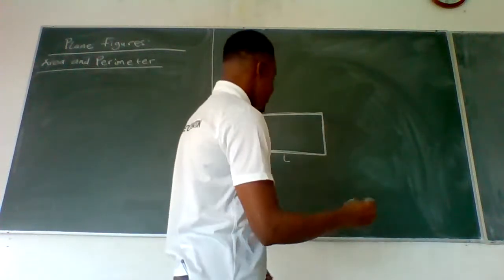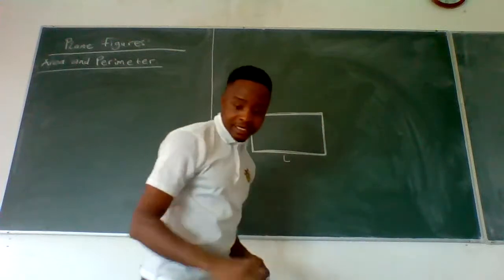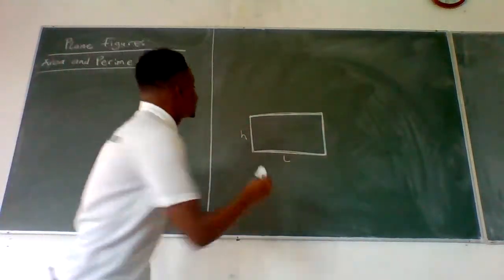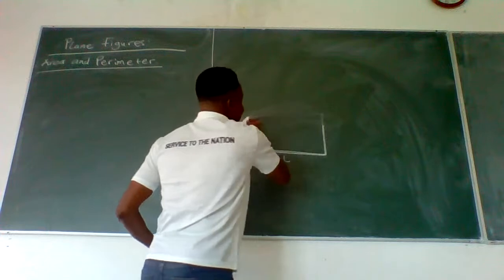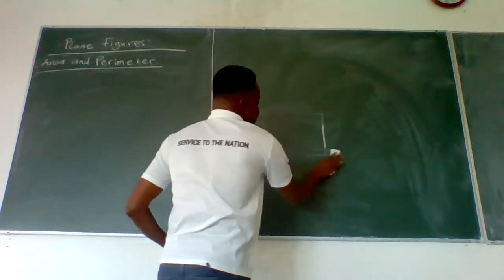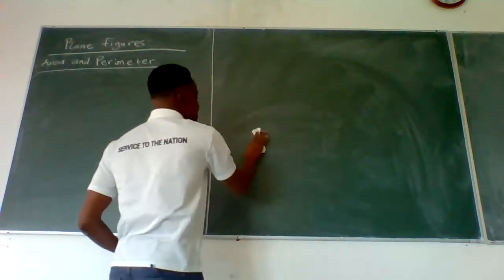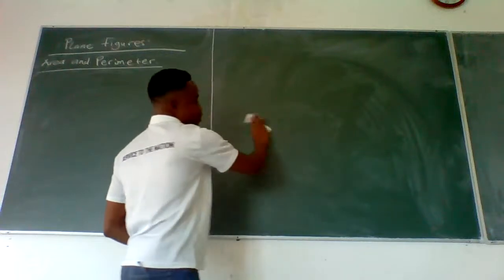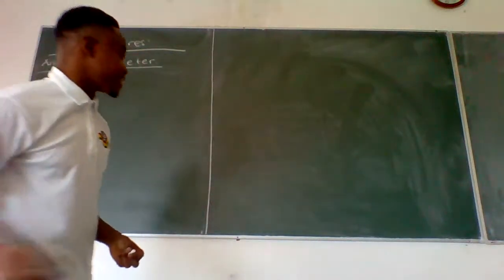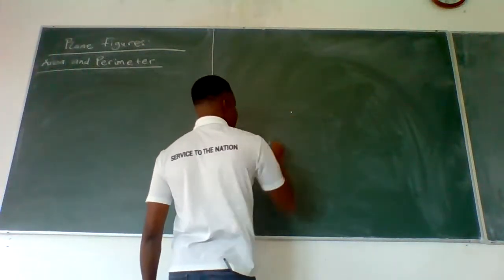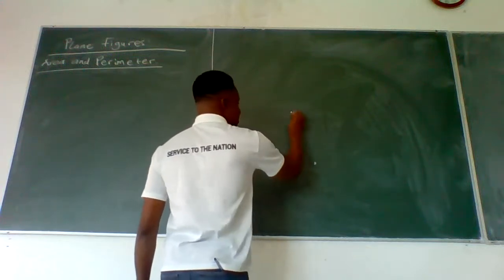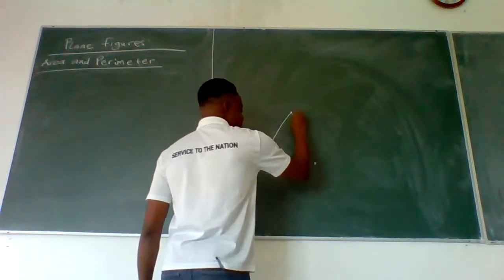So what are some of these plane figures? Let's say we have this board, and I decided to join three points with a line. Let's say this one, this, and this. And I join them.